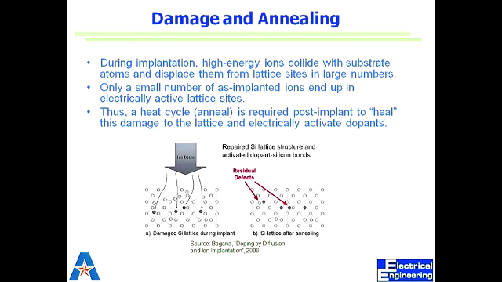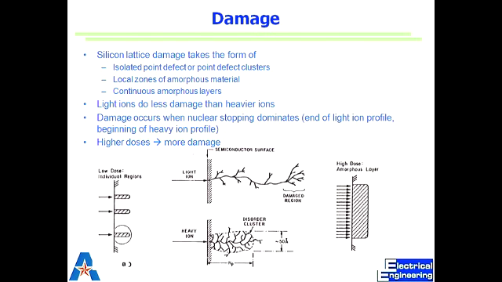Right? So annealing, what are the two things that we do with annealing? Heal silicon and activate dopant. Always remember there are two effects that we get from annealing. So what are those damages? They are point defects or clusters of point defects. Now remember that when we talk about defects, they are always physical anomalies, physical damage.